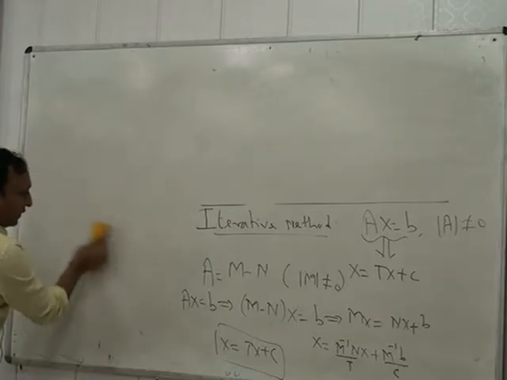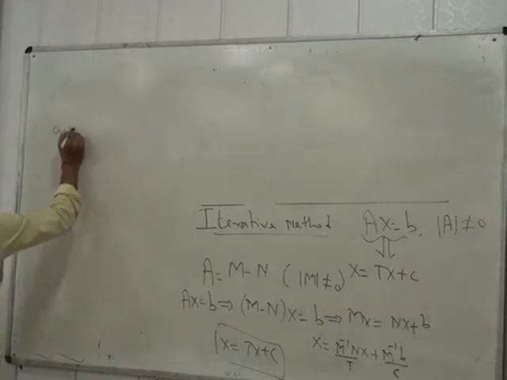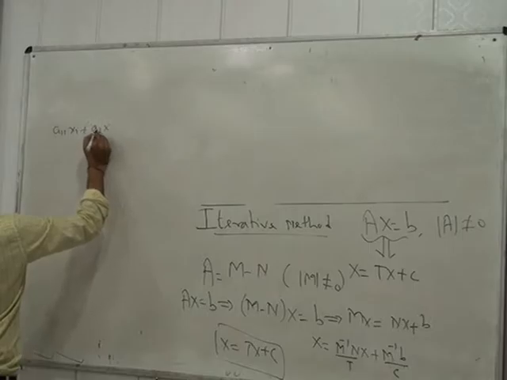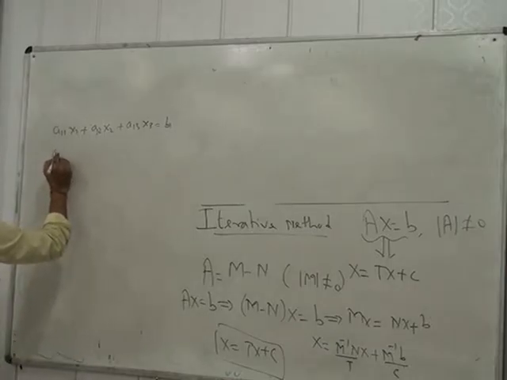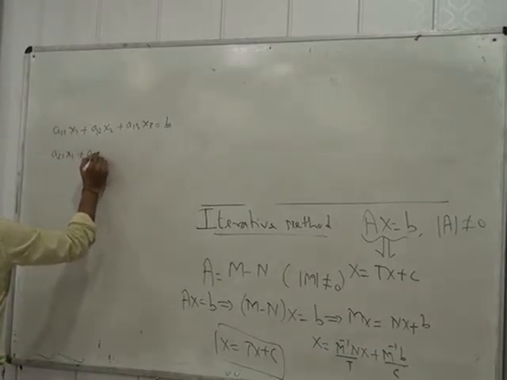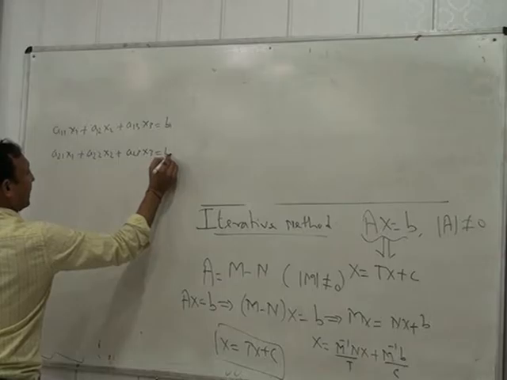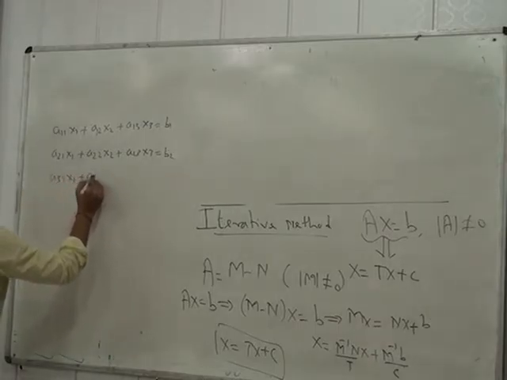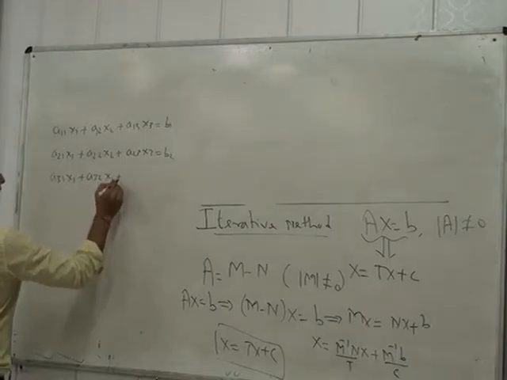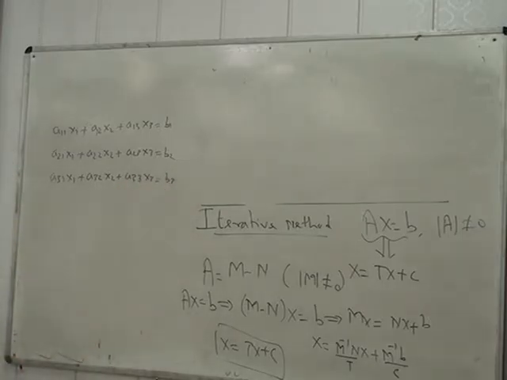Suppose you want to solve this system: a11 x1 plus a12 x2 plus a13 x3 equal to b1, a21 x1 plus a22 x2 plus a23 x3 is equal to b2, and a31 x1 plus a32 x2 plus a33 x3 equal to b3.